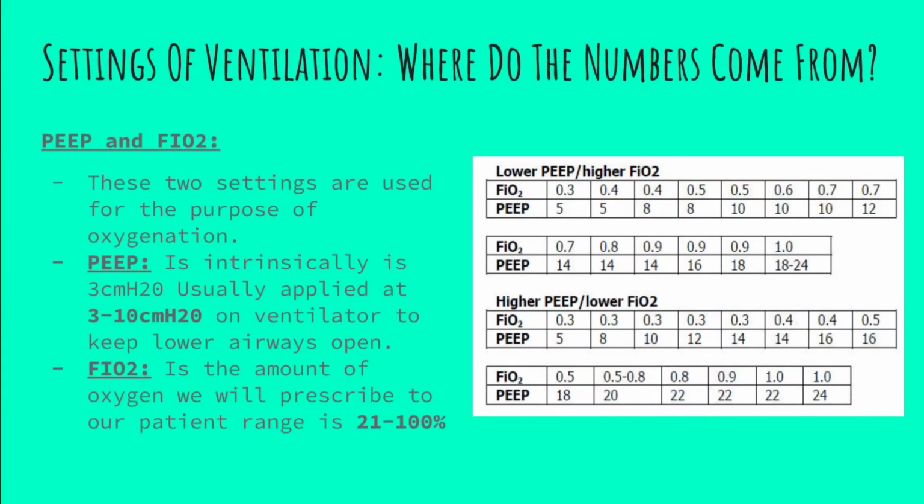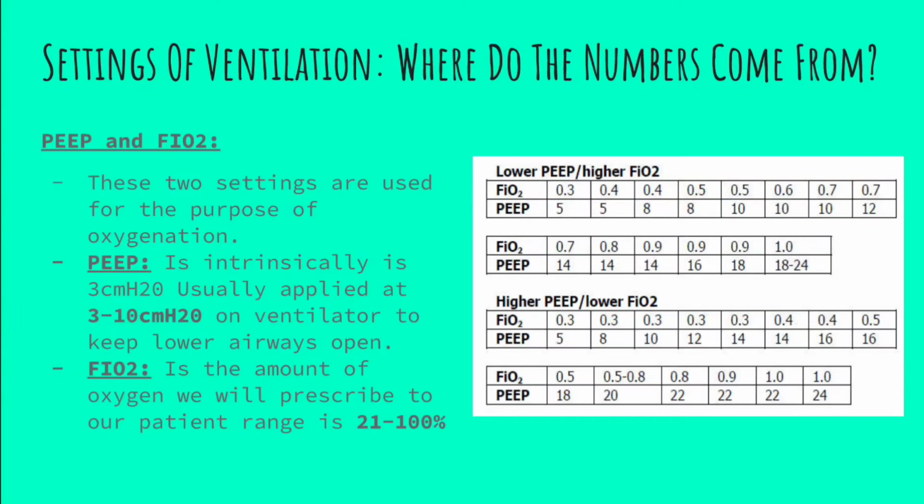There's some literature that's challenging that, saying that your functional residual capacity, or the amount of air that's left in your lungs after exhalation, doesn't have anything to do with PEEP. But there's been a little bit of a debate here across the board, and this hasn't really changed the literature. So as it stands, 3 centimeters of water is what your intrinsic PEEP is.